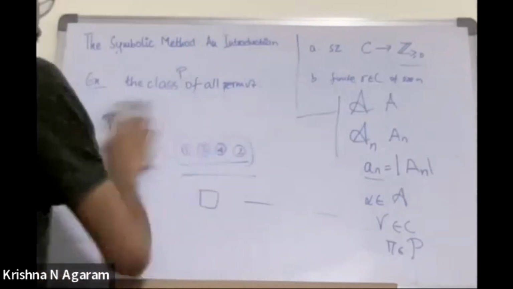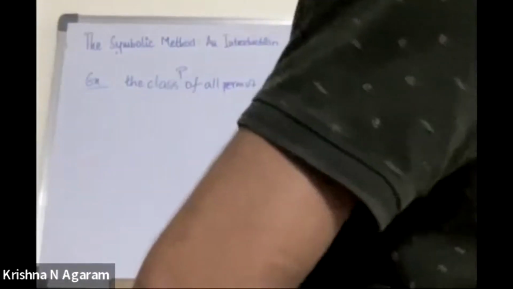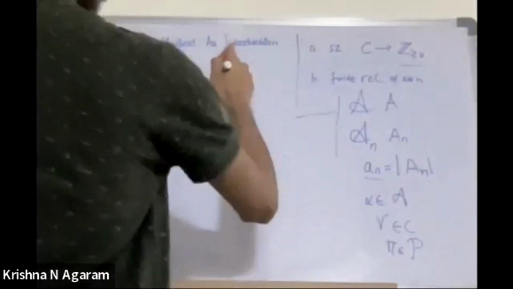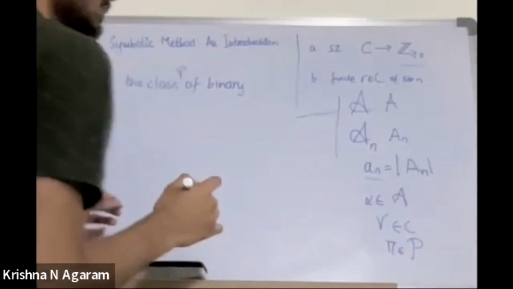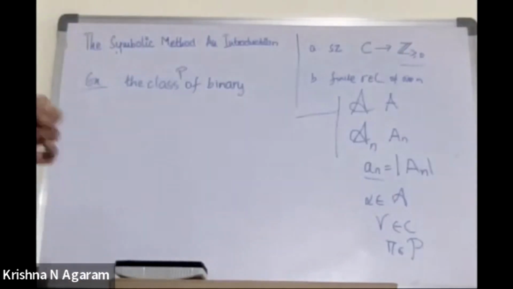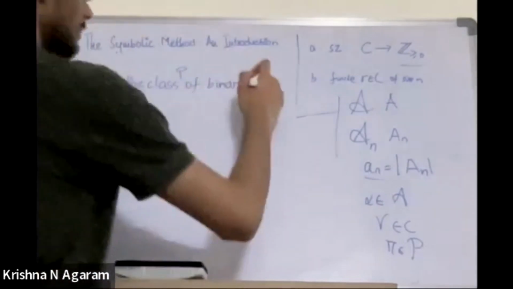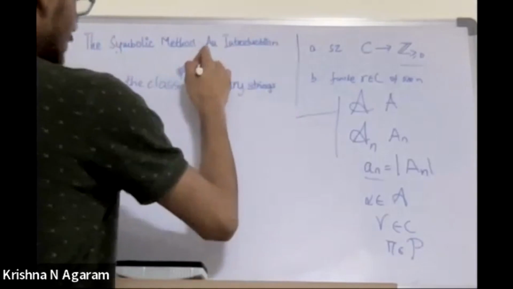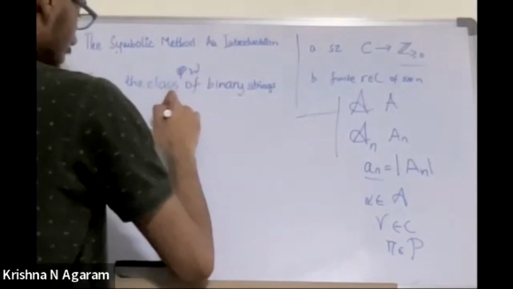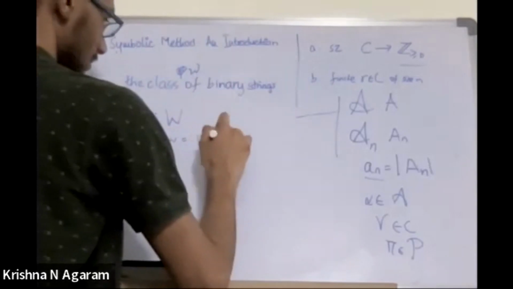Okay, let's get another class. What is it? The set of binary words. So the set of bit strings, or 0-1 strings, or whatever you'd like to call it. These are sequences with only 0 and 1, binary strings. So W. So an element small w is something like this.